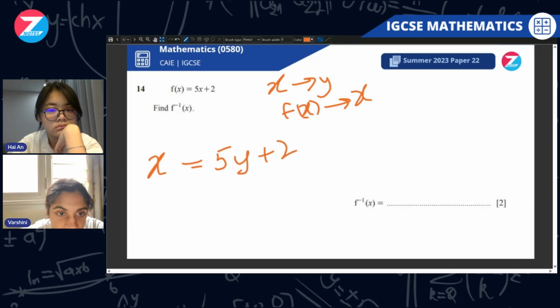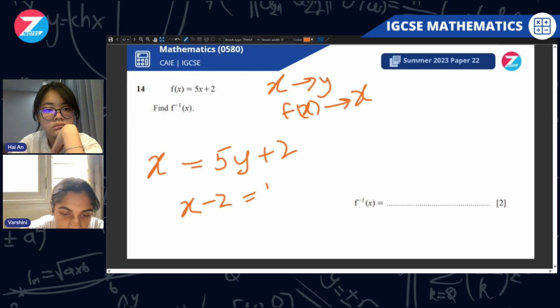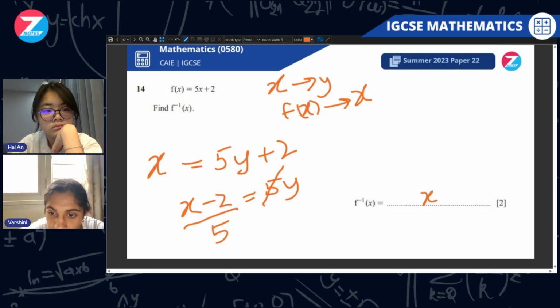So now we need to make y the subject of the formula. So let's subtract 2 from both sides: x minus 2 equals 5y. And now to get rid of the 5, we divide both sides by 5. So we're just going to get x minus 2 by 5, y equals x minus 2 by 5.